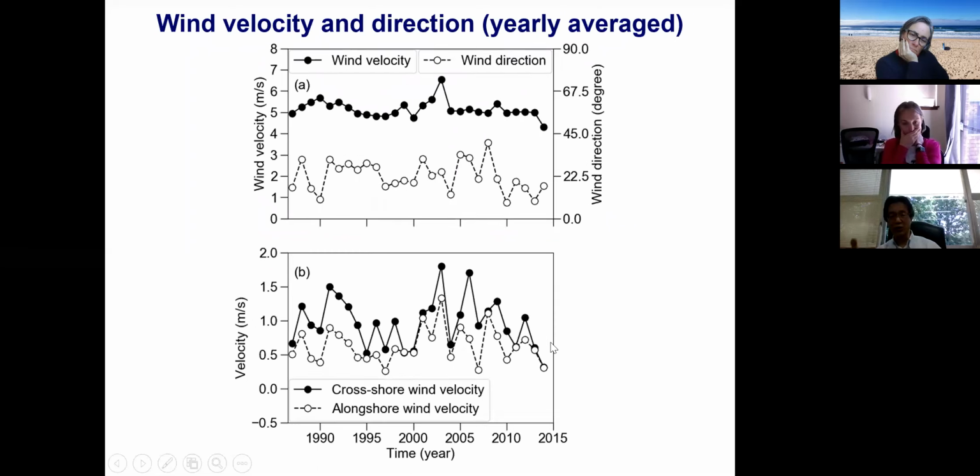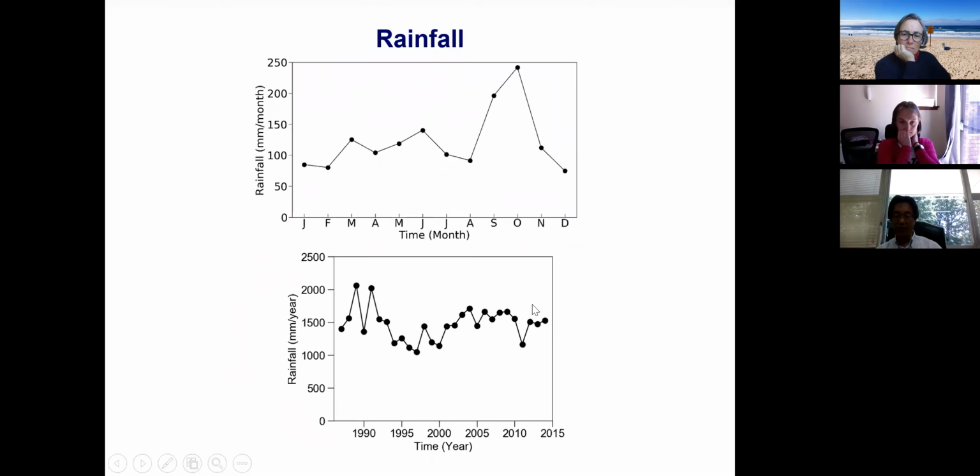This slide shows the variations of the yearly average values. Compared with the variations of the monthly average values, those of the yearly average values are relatively small. And this slide is for the amount of the rainfall. The upper panel shows the monthly average values, and the lower panel shows the yearly average values.